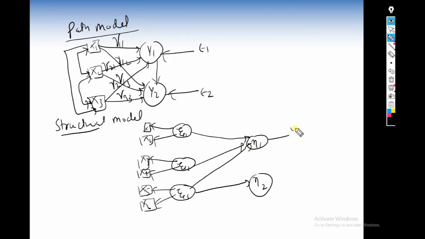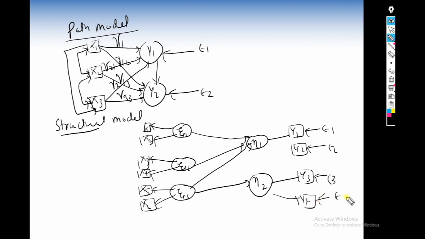So the y1, y2 are the same as y3 and y4. These are the error terms epsilon 1, epsilon 2, epsilon 3, and epsilon 4, and then we can find the relationship among the variables.